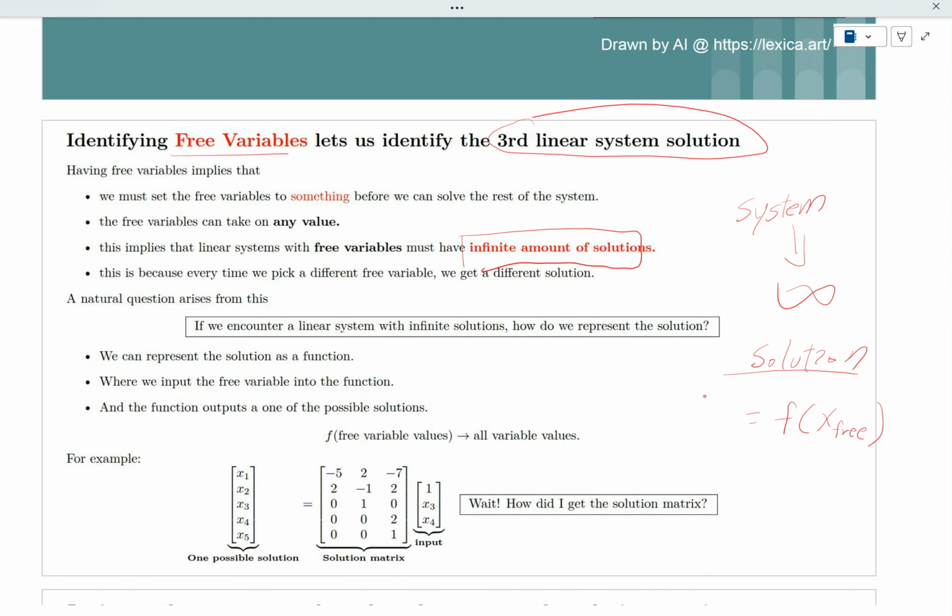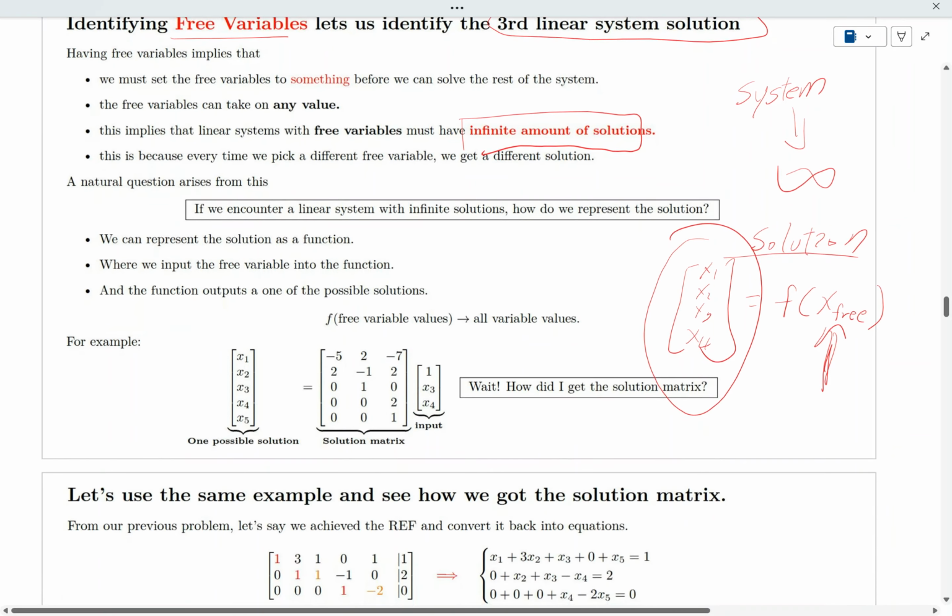That will give you the solution for x1, x2, x3, x4. You put in the free variables you pick, and based on them you get these solutions. You can put any free variables in. In this particular example, we have a function that looks like this, where we put in a vector like this.